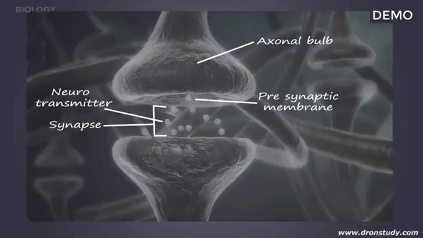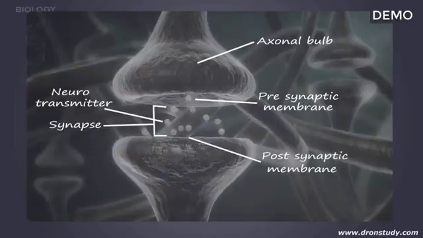And then comes the receiver, which is called the postsynaptic. The terms are very simple for you to remember. The above one is going to send, and the post is the one which is going to receive. So postsynaptic cell and the postsynaptic membrane.